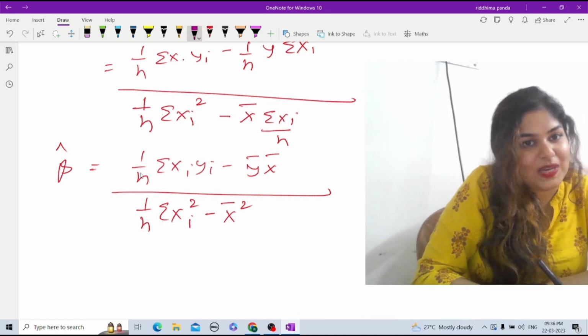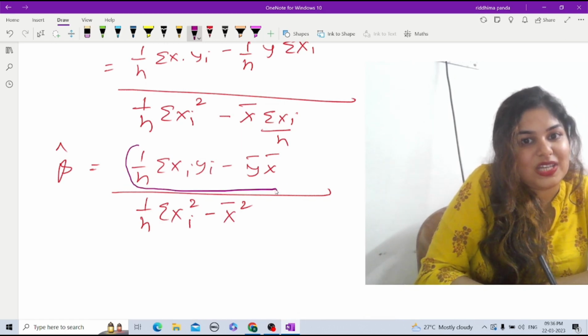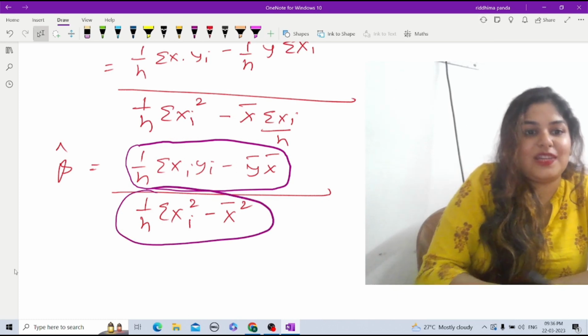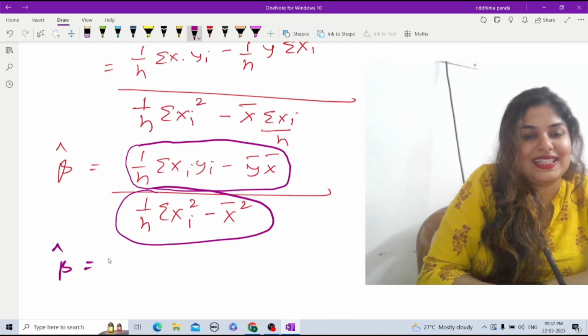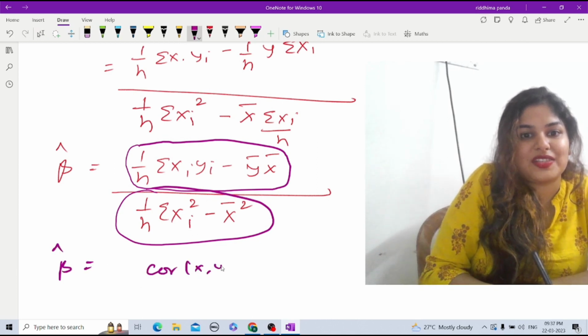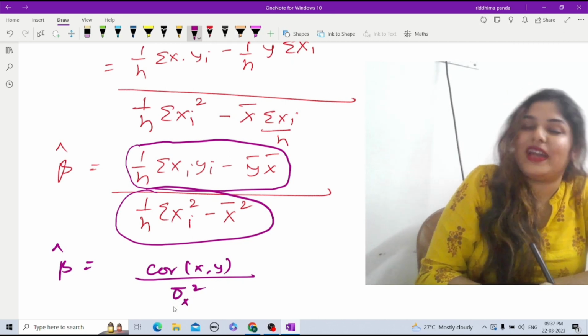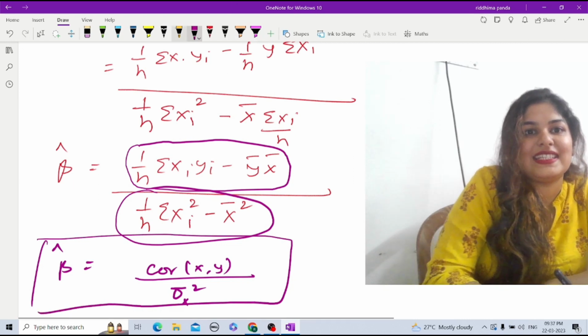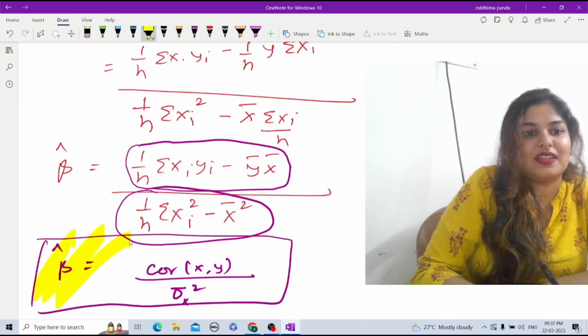This is the estimated value of beta hat. To write it down specifically, this is our covariance and this is the variance of x. So I can also write beta hat is equals to covariance of x comma y by sigma of x square, right? So this is our second estimate.